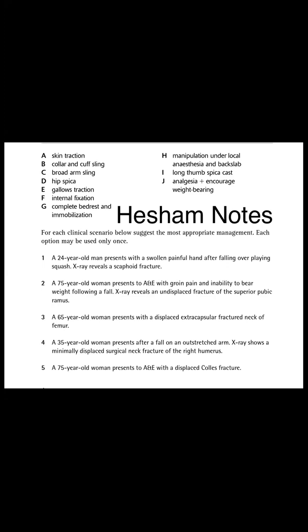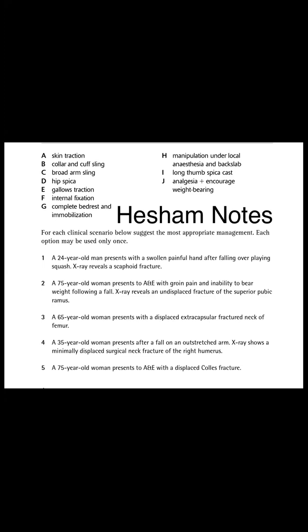2. A 75-year-old woman presents to accident and emergency with groin pain and inability to bear weight following a fall. X-ray reveals an undisplaced fracture of the superior pubic ramus. This is an undisplaced fracture of the pelvis. Hip spica can be used in vertical shear or even open book fracture pelvis, to control the hip until definitive management.